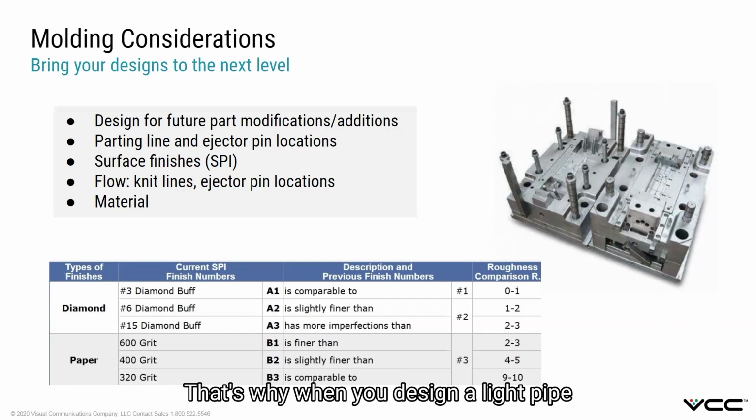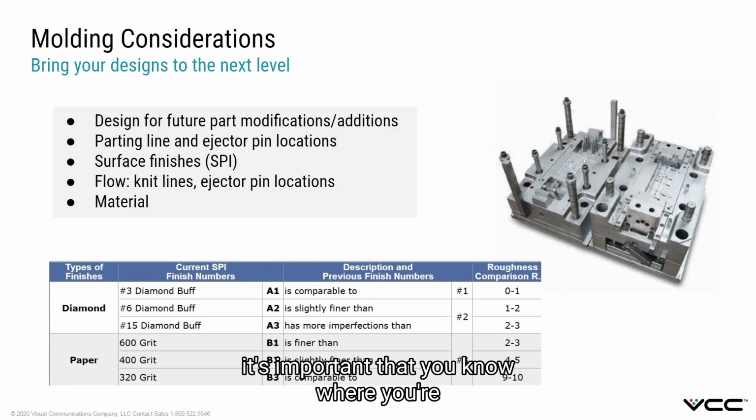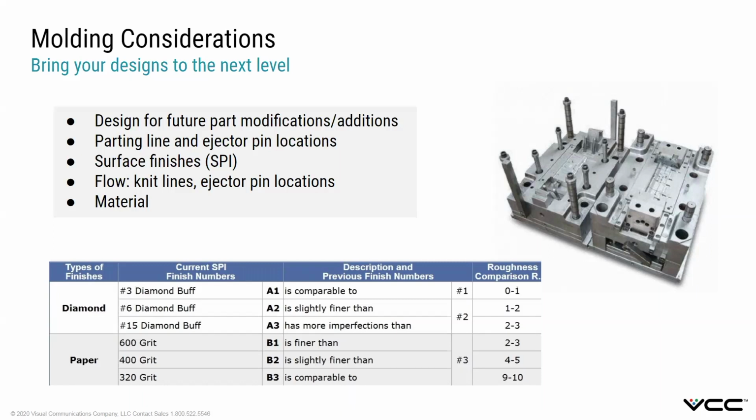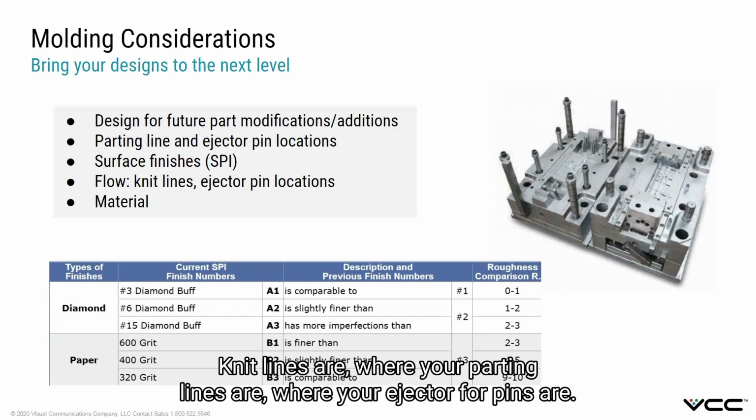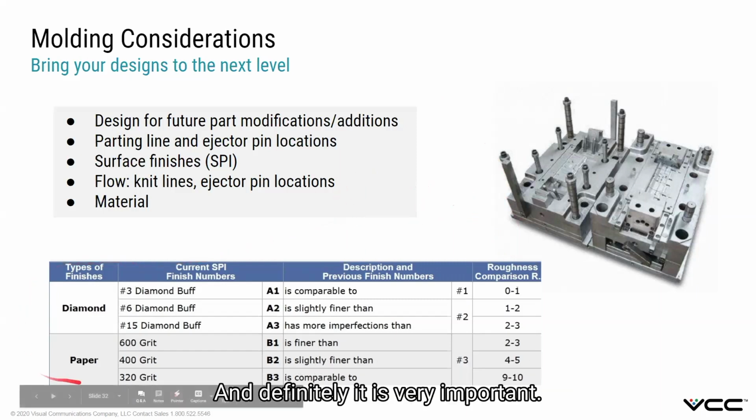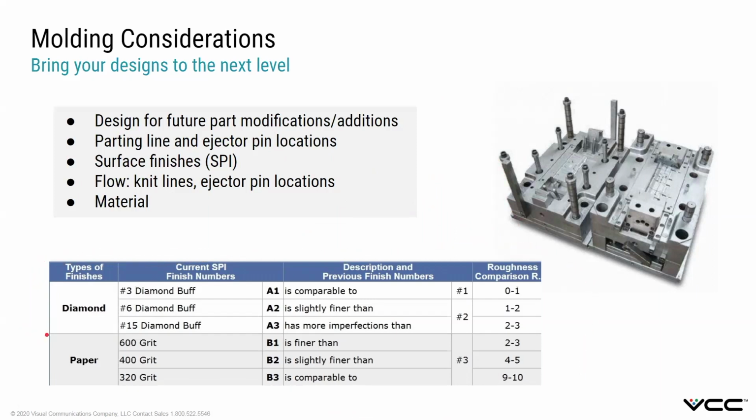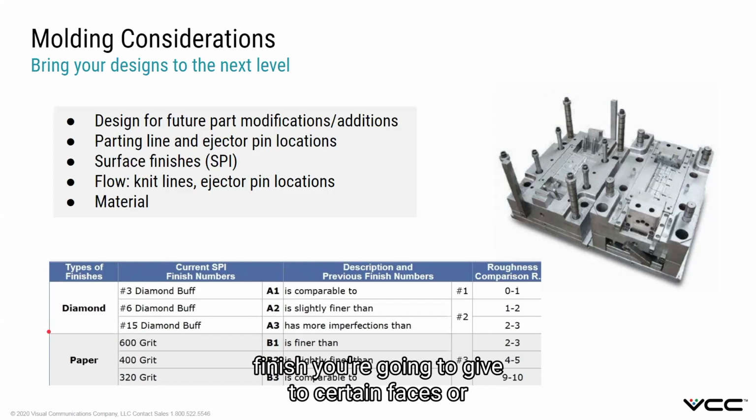And that's why when you design a light pipe, it's important that you know where your knit lines are, where your parting lines are, where your ejector pins are, and definitely what finish you're going to give to certain faces or areas.